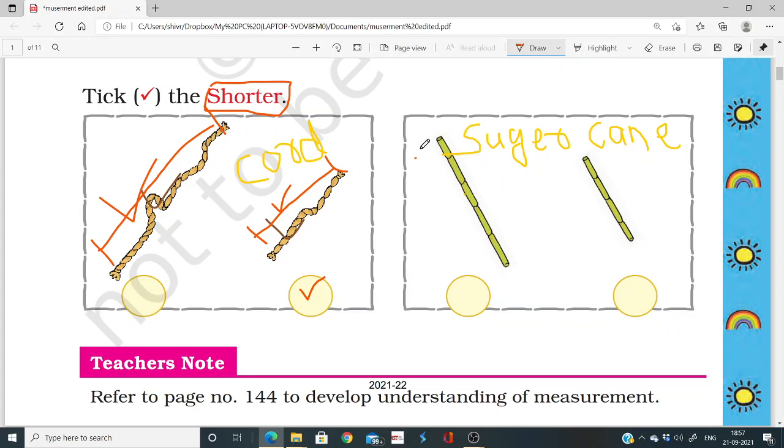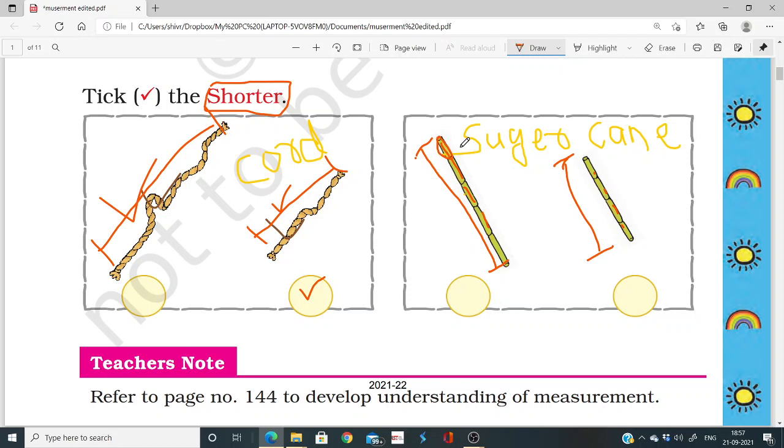Here you can see there are two pictures of sugar cane. Which is longer and which is shorter? For example, here you can see 1 2 3 4 5, and in this 1 2 3 4.